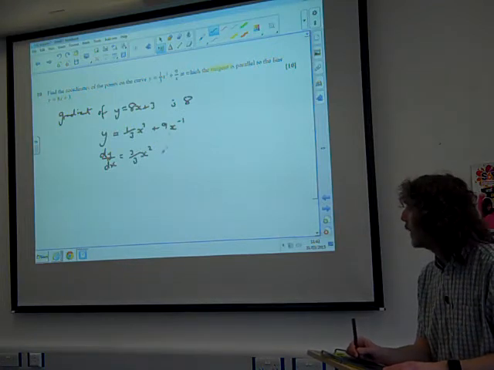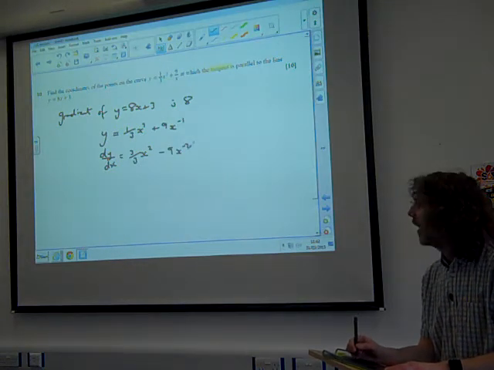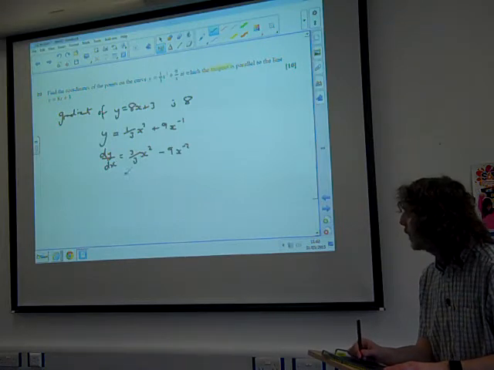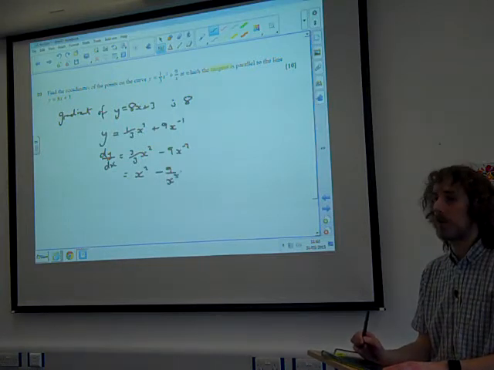And then this would be minus 9x to the minus 2. Now I think, before I do anything else, I want this as being x squared minus 9 over x squared. Put it back in that form, because that's what it looks like.